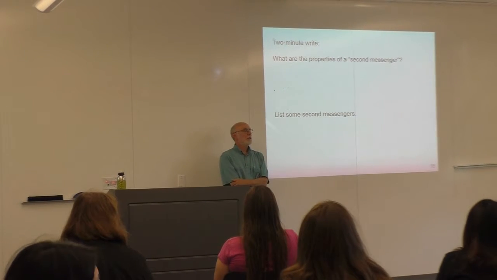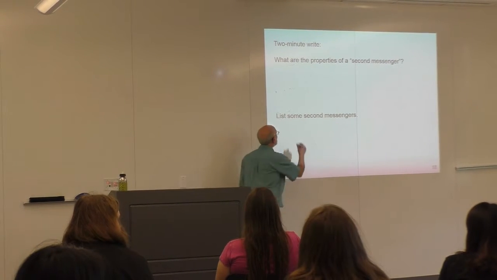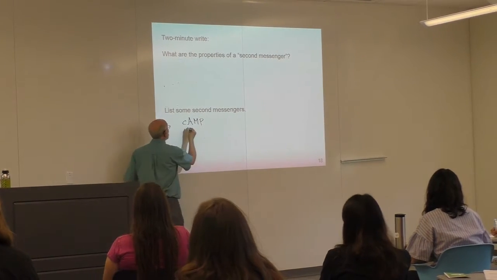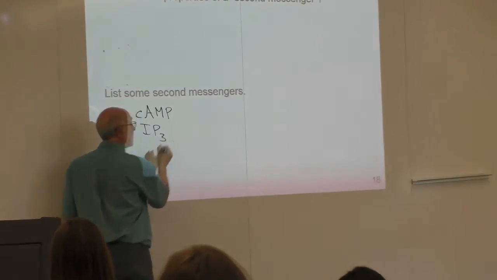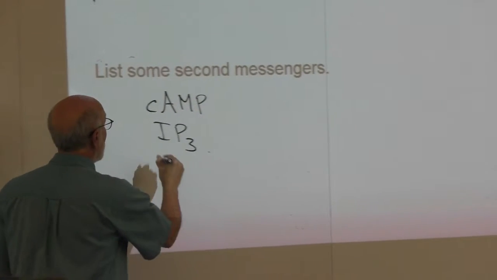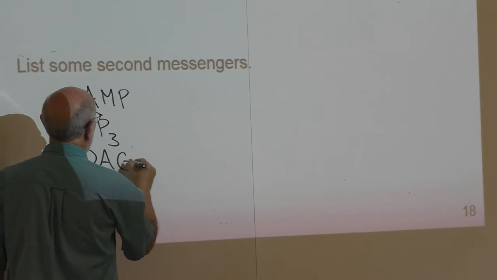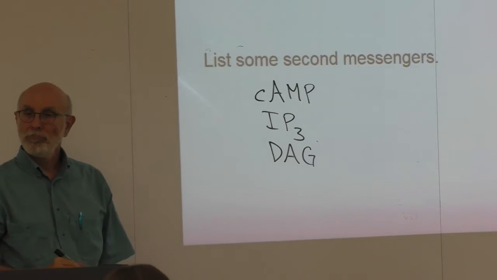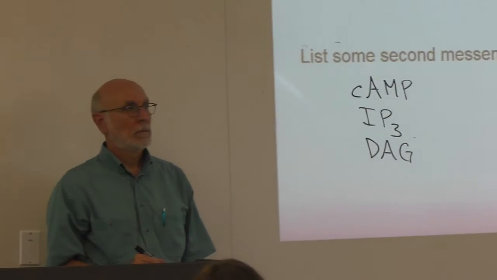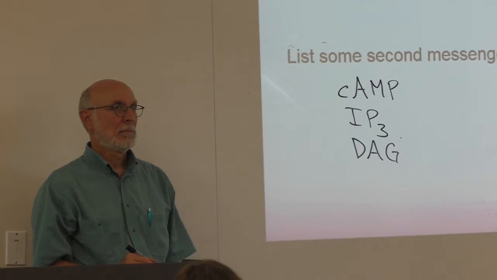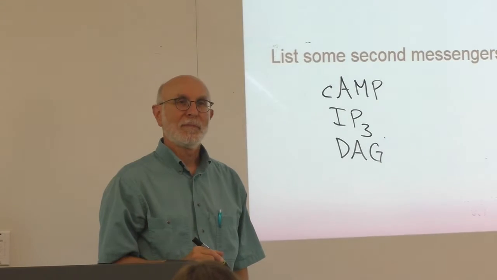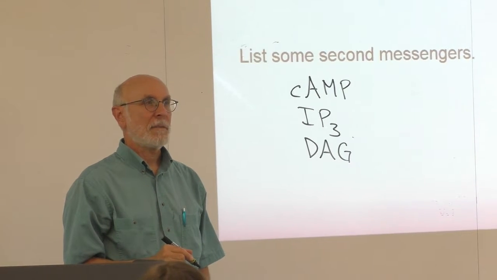Second messengers: cyclic AMP, IP3, diacylglycerol. One more. GTP doesn't count. It's not really a second messenger.